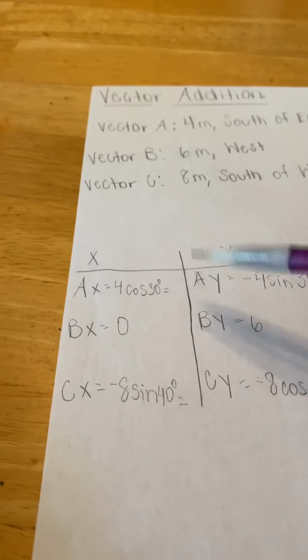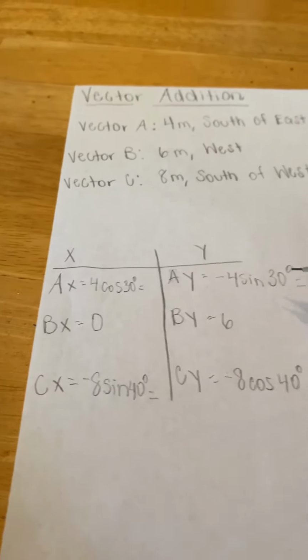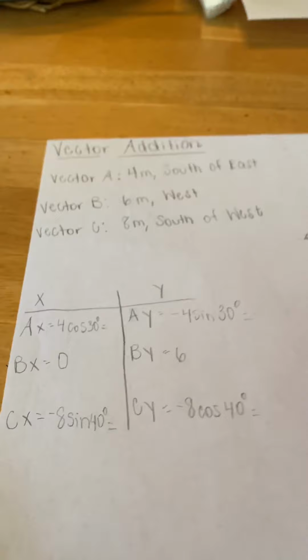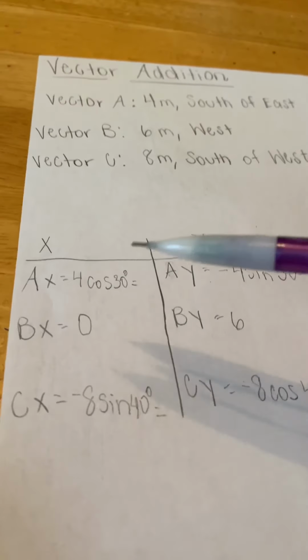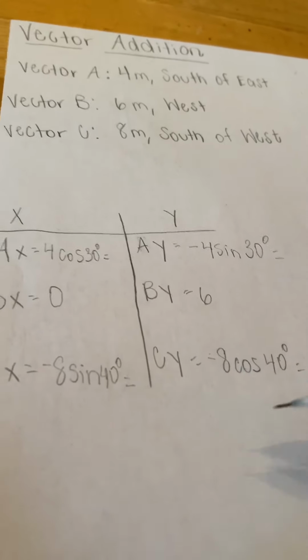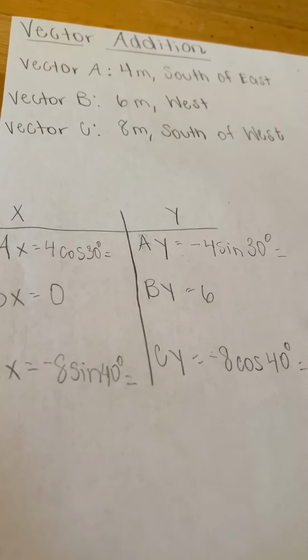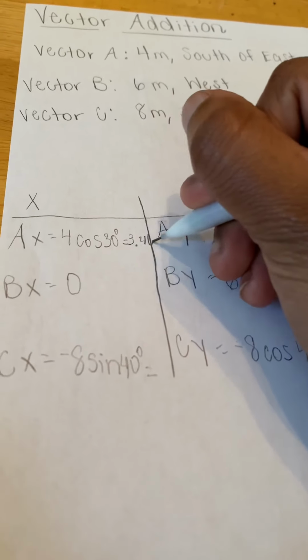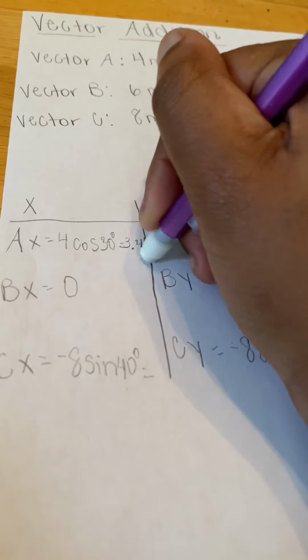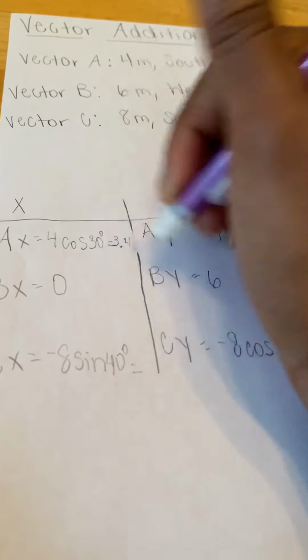And now that you already got all your measurements, you would just add them up. And so I already pre-added it up. So this is 3.463.